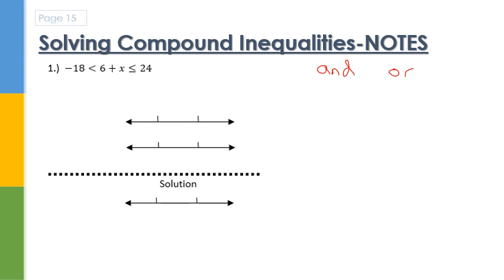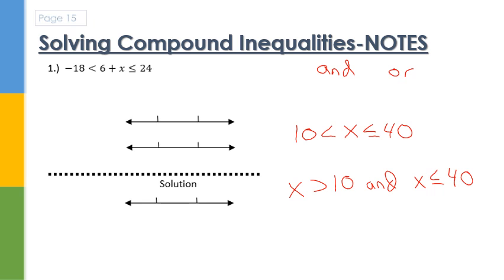And we talked about them specifically when they were written with the word and or or. In the case of an and, it can be written 2 different ways. Like we could have 10 is less than x, which is less than or equal to 40. That's an example of a compound and. You could also have it written as x is greater than 10 and x is less than or equal to 40. So again, that's another way that we could write it.